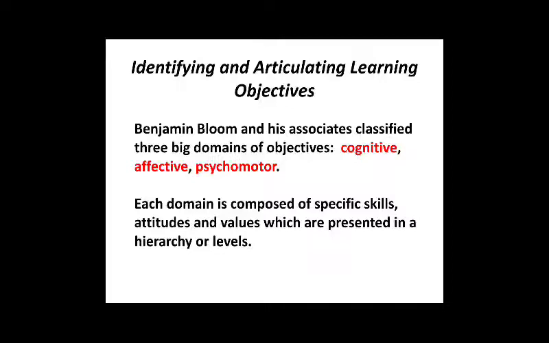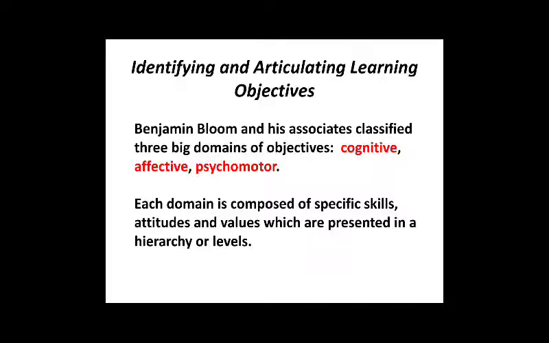This cognitive domain refers to knowledge. Cognitive, pertaining to the mind, pertaining to how we think, how we process information. Affective, this affective domain refers to our feelings, emotions, appreciations, attitudes.